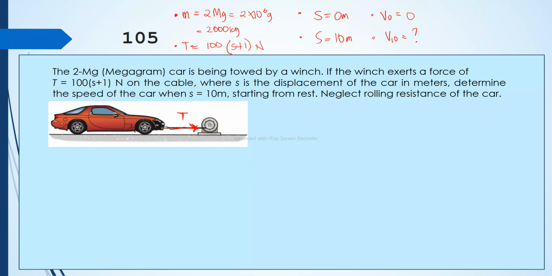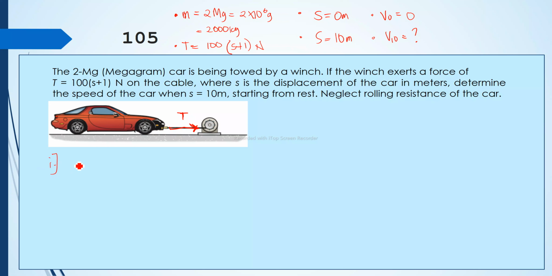In this type of problem where friction is not present and it is not inclined, we can automatically consider the forces acting along the x-axis, or along the horizontal. We don't need to draw the FBD.